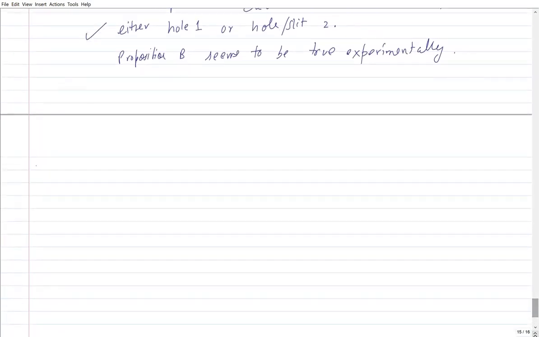So what happens? What do I see on the screen? On the screen, I have this electron gun and there's a light source.